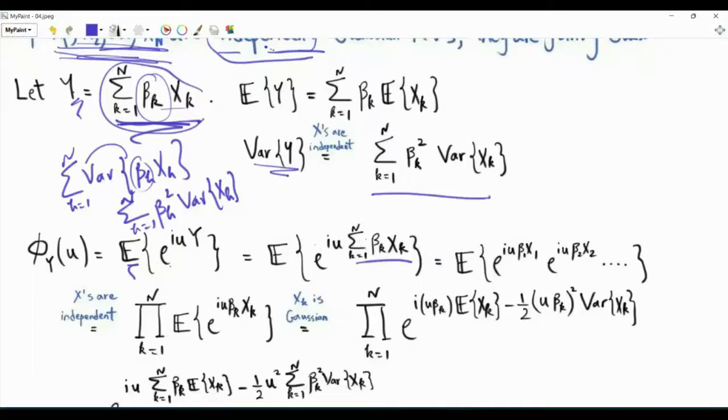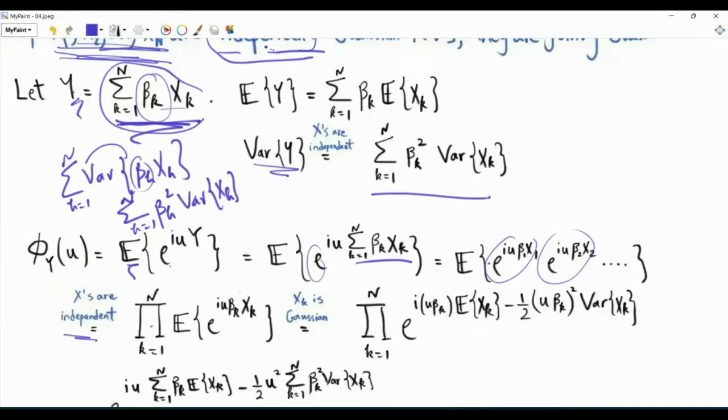Now we can take the exponential and write it as a product, from the properties of the exponential. Then we can exploit the fact that the x's are independent. Because the x's are independent, the expectation of the product is the product of expectations. So this is going from here to there.